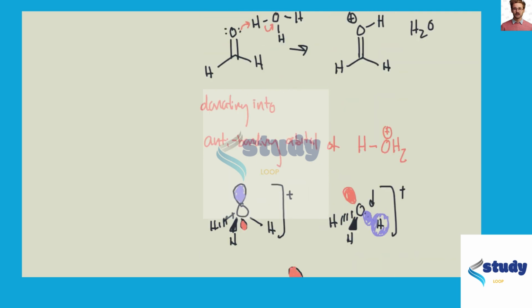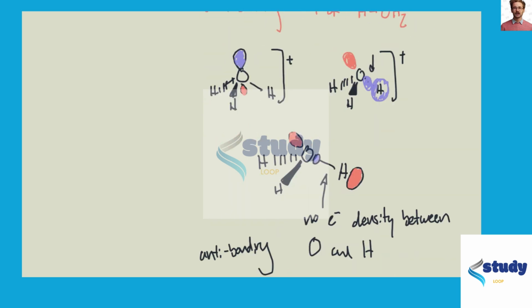Contrast this with our bonding orbital, where there's significant electron density, and a non-bonding orbital in which there's just no density at all between oxygen and hydrogen, but also no density in this plane, right? So this is our antibonding orbital, and this is 3, which is our answer.